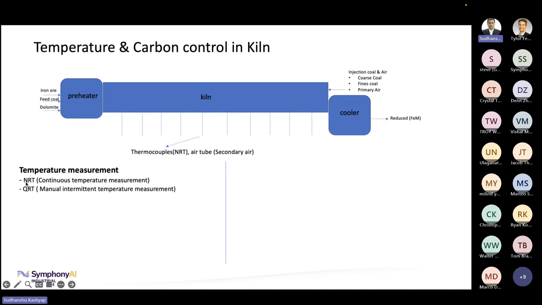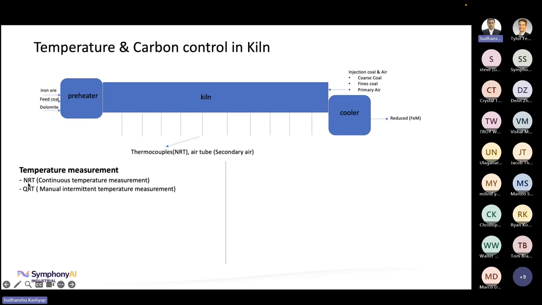NRT is a continuous measurement, but in these processes there are also manual measurements done from time to time, called QRT. Those are done by inserting a thermocouple manually inside the kiln, but these are intermittent measurements. Every 4 hours or every 6 hours, somebody physically goes and measures these temperatures.